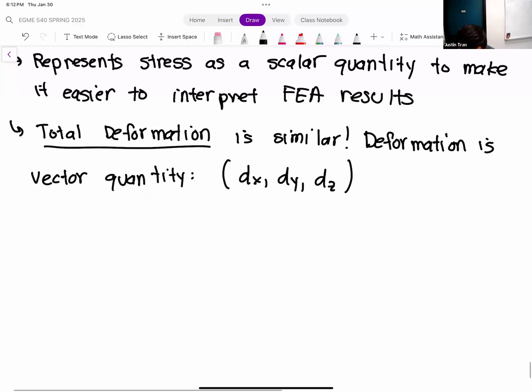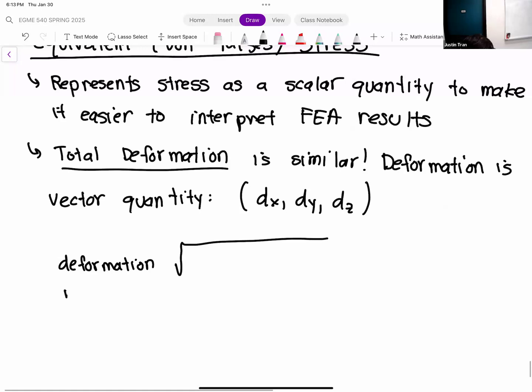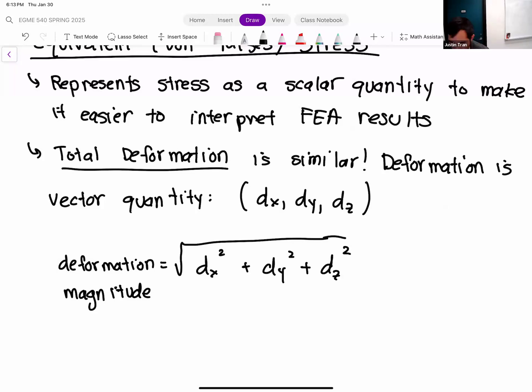So the magnitude of a vector like this, we simply use our magnitude formula here. Okay. So this is the deformation magnitude. This is simply the square root of dx squared plus dy squared plus dz squared.